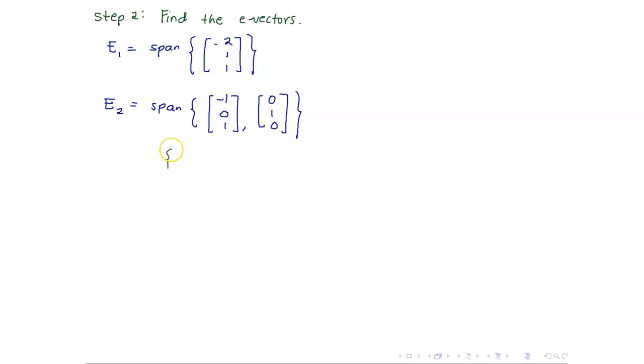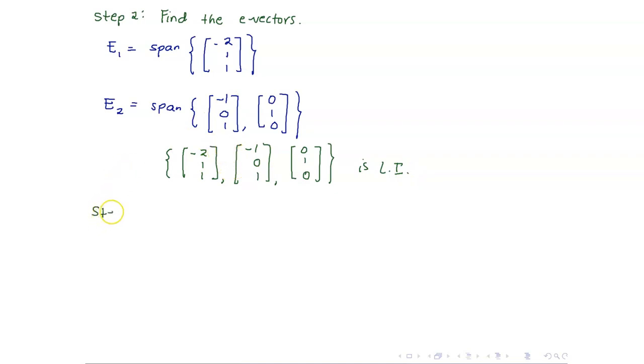And therefore, when we get these three vectors, this is a linearly independent set. So therefore, A is really diagonalizable.